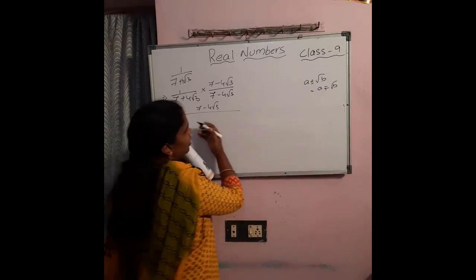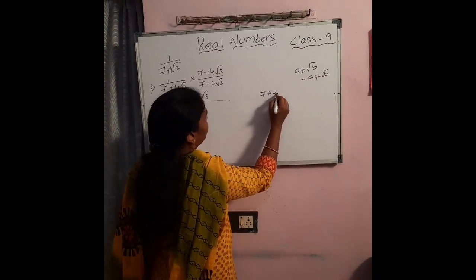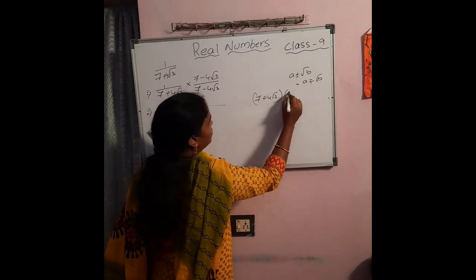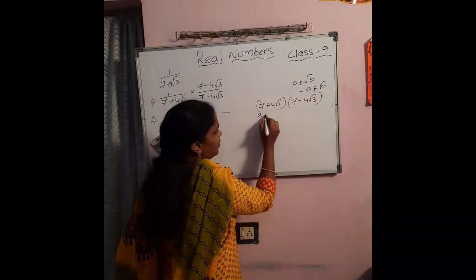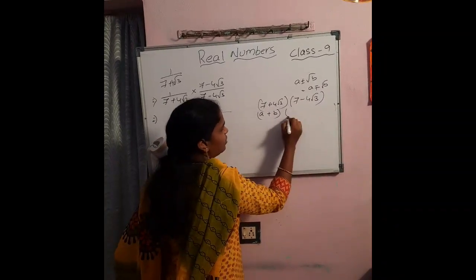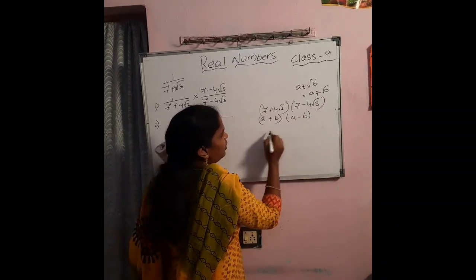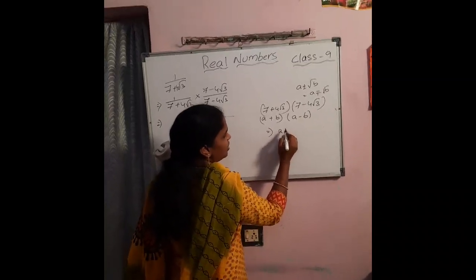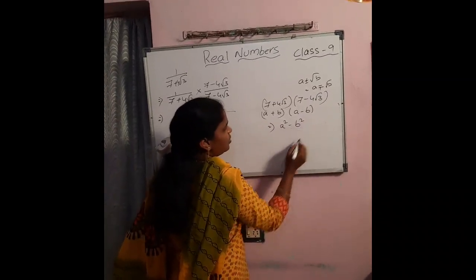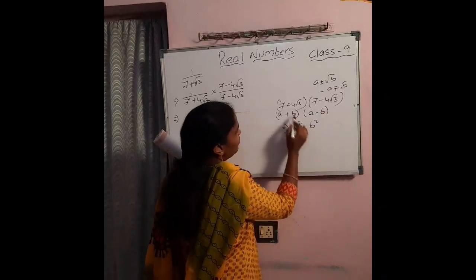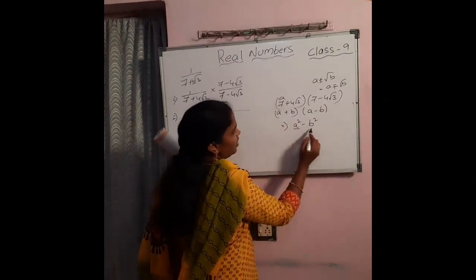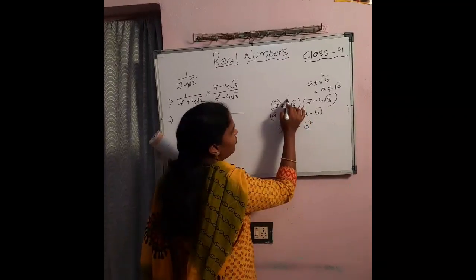Now if you observe here, 7 plus 4 root 3 into 7 minus 4 root 3 is of the form a plus b into a minus b, so it can be written as a square minus b square. Let us apply this. Here in the place of a we have 7 and in the place of b we have 4 root 3.